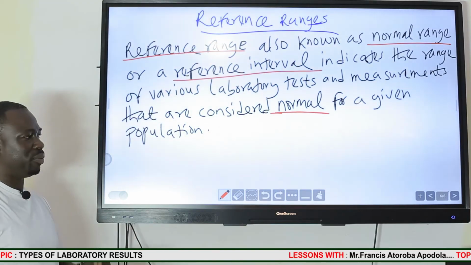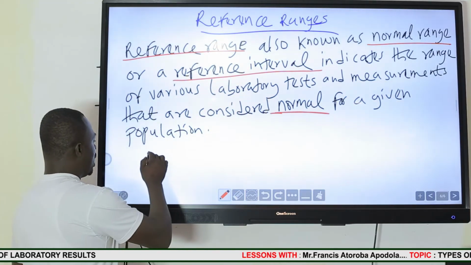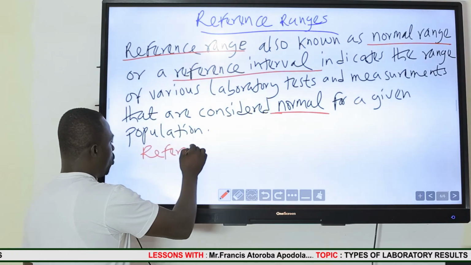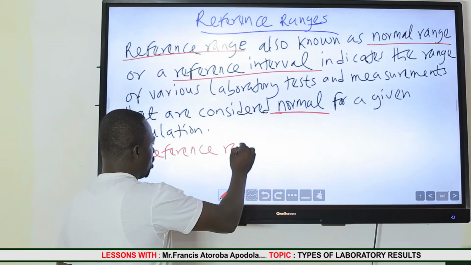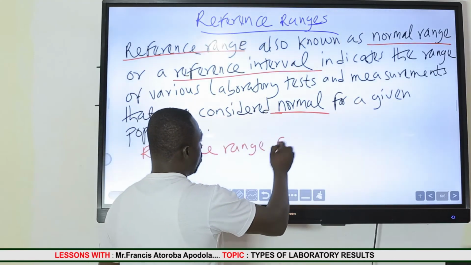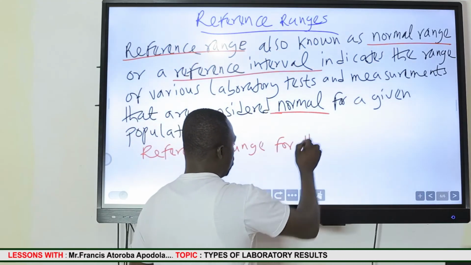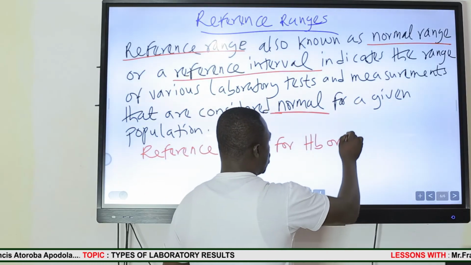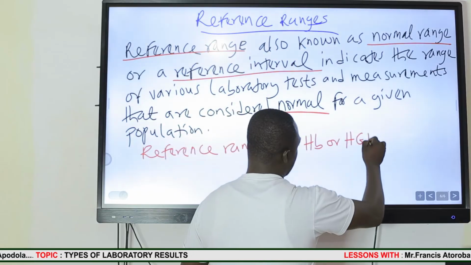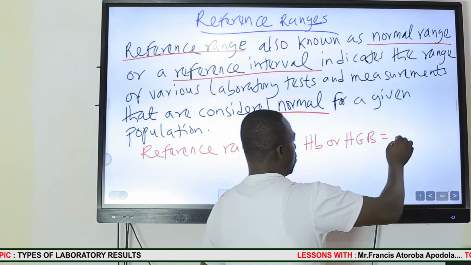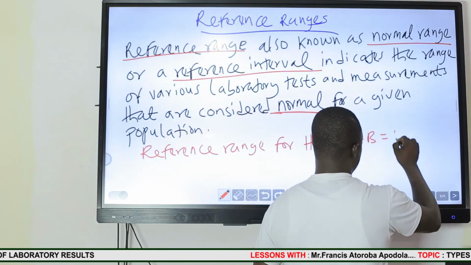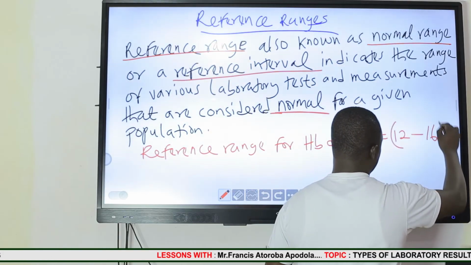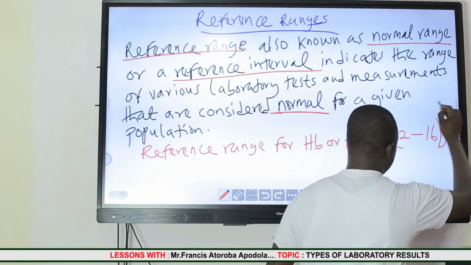Now, take the reference range, for example, for HB, that is hemoglobin, sometimes abbreviated as HGB. For females it is 12 to 16 grams per deciliter.